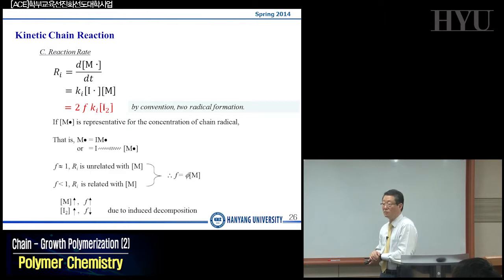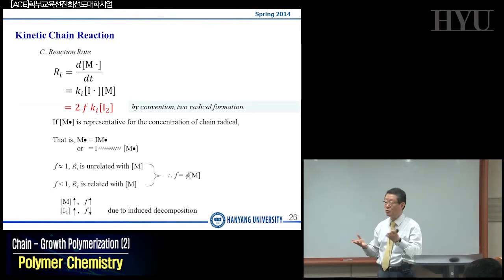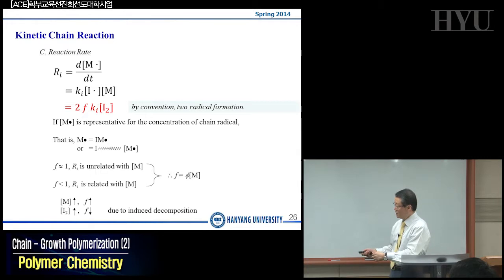Increase, yes, increase. You have many monomers with a given initiator concentration, so efficiency will be much higher. If you have a large number of initiators and small number of monomers, you lose the efficiency of your initiator. So this describes what will happen in terms of the monomer concentration and initiator concentration with the efficiency factor.